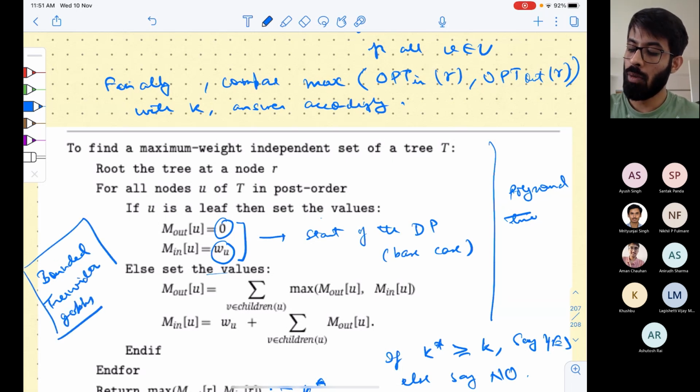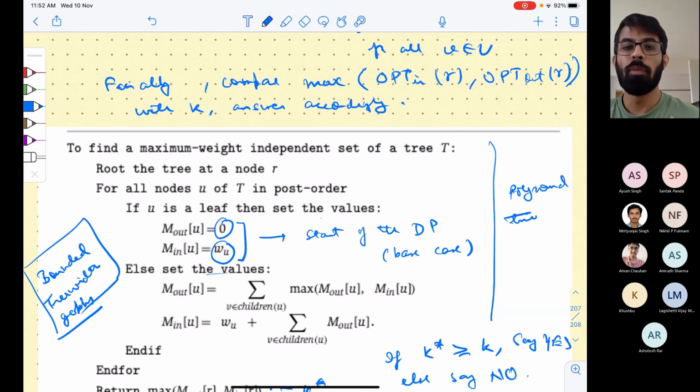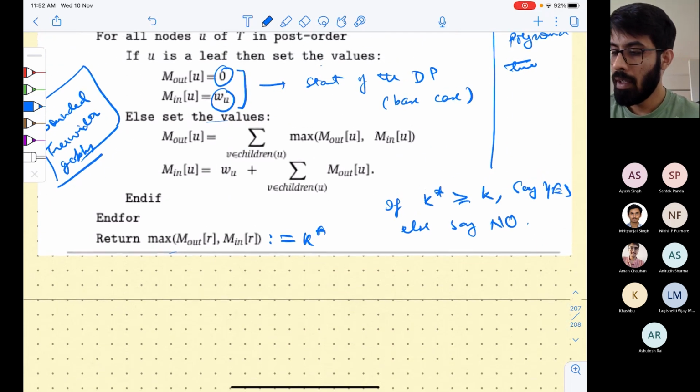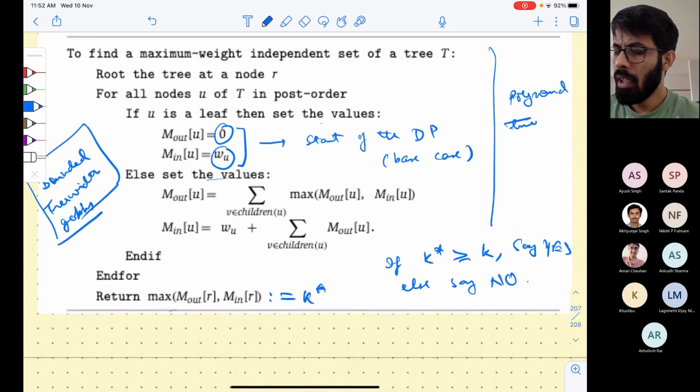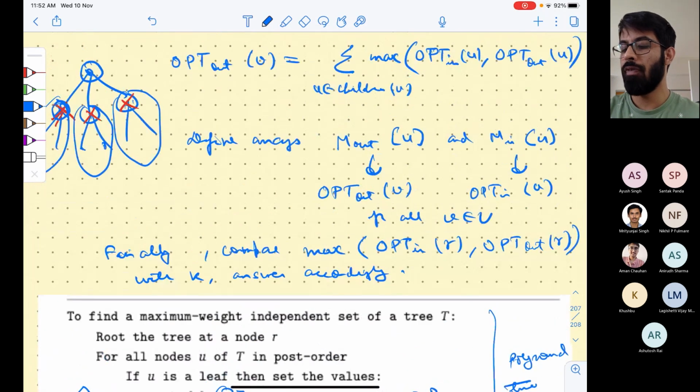And that again is a big area of research: what problems can be solved on these bounded tree width graphs in polynomial time, and so on and so forth. So this is one way of restricting the input.